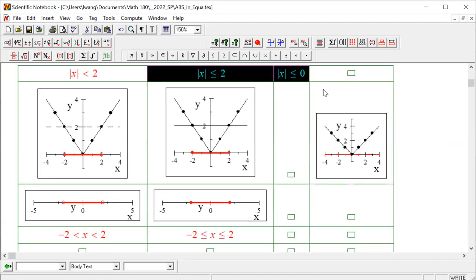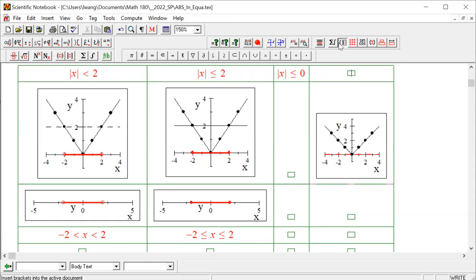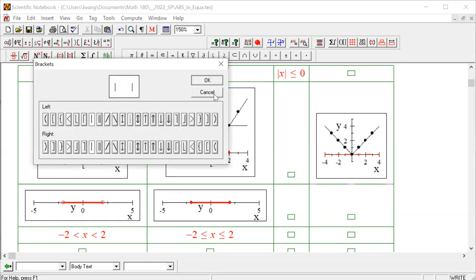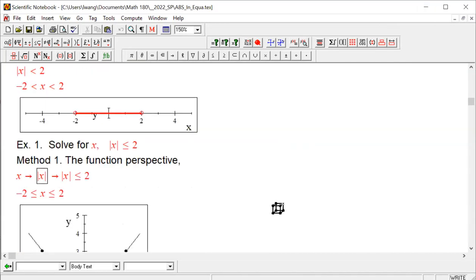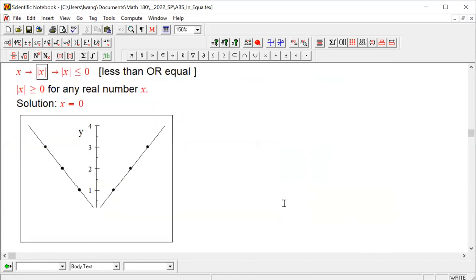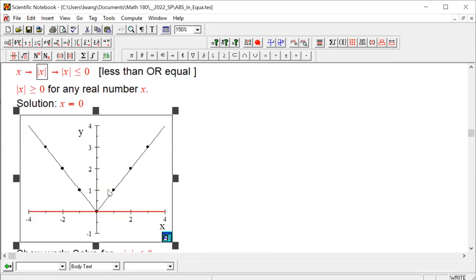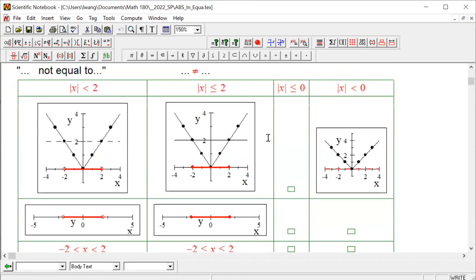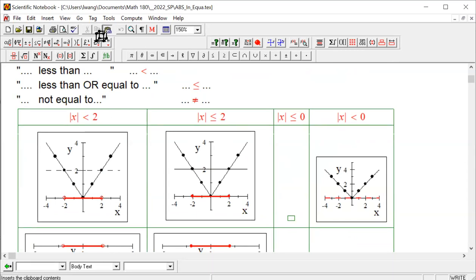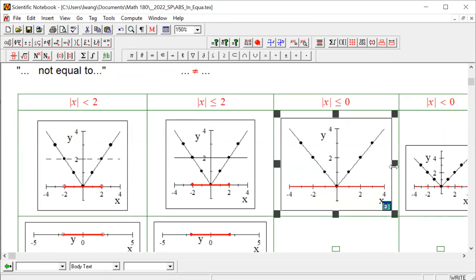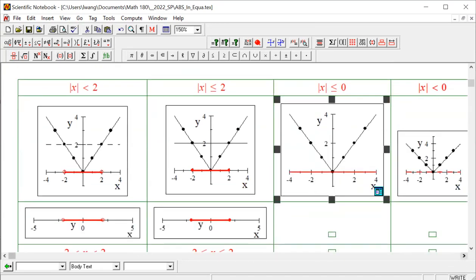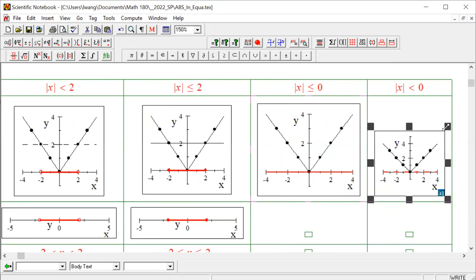So I'm going to put absolute value is less than 0. For our comparison, where's my less than or equal to 0? Right here. We're going to put our summary right there.